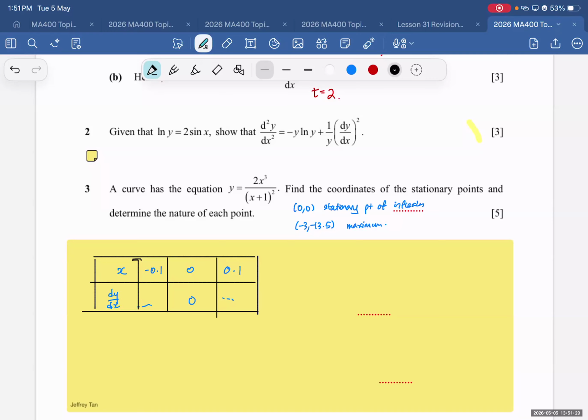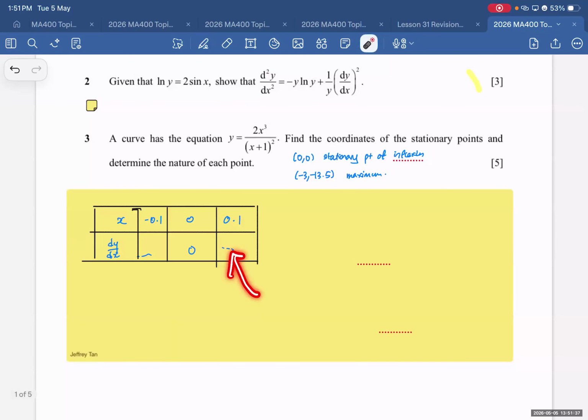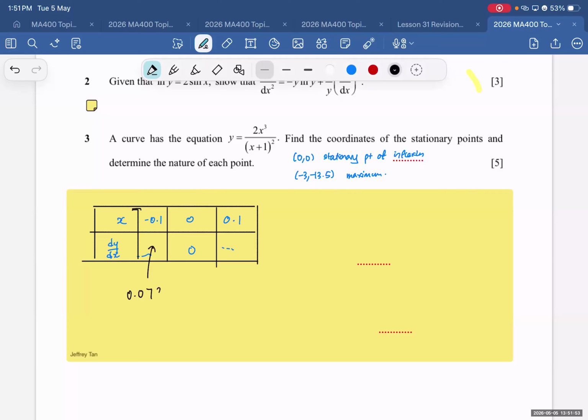Okay, so after that you sub in into the dy dx. Let's say you write down 0.07901.